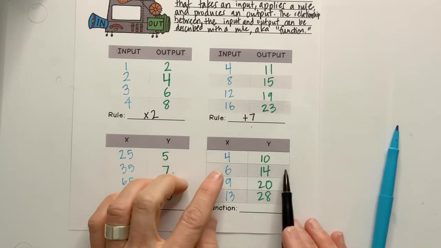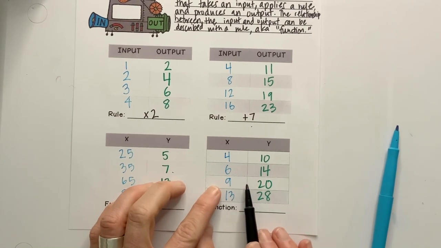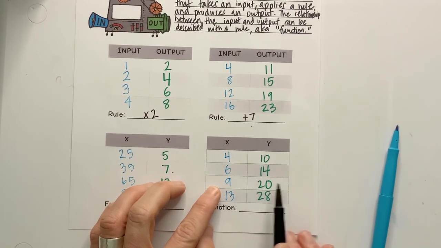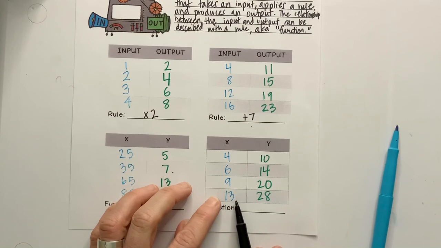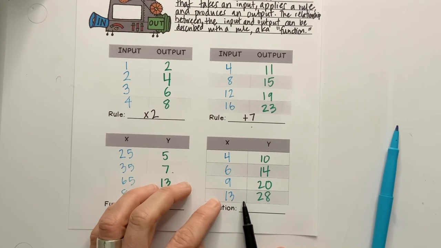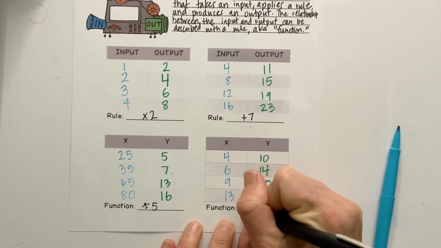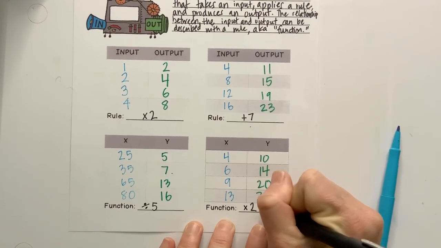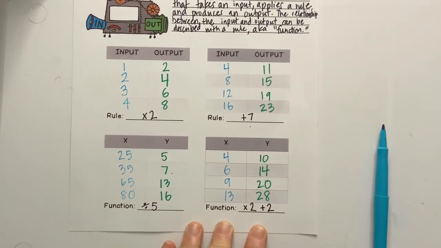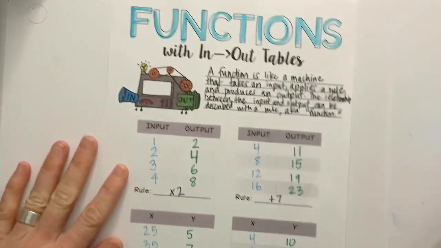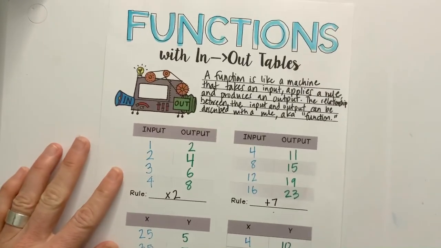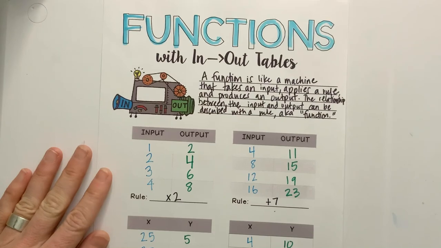All right, so far so good. Let's test it again. 9 times 2, 18, plus 2 more is 20. Ooh, this is looking good. 13 times 2, 26, plus 2 more would be 28. So my rule, or my function, is times 2 plus 2. All right, so I think that about covers it with functions and in-out tables, and we're going to be building on this, how it connects with algebra.